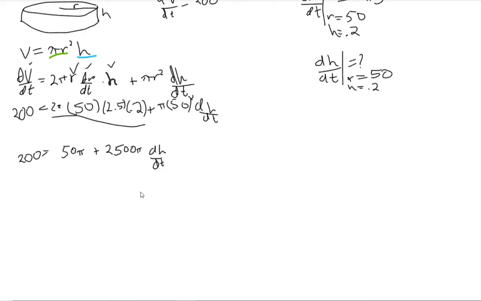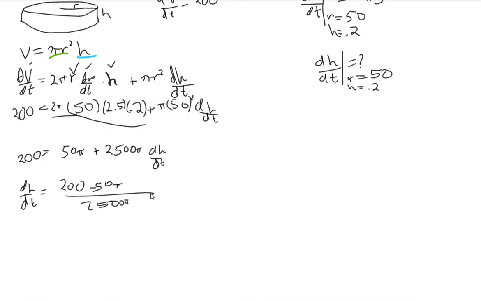Then we're going to go ahead and move some stuff around so we can isolate dh/dt. So you would subtract 50 pi and then divide by 2500 pi. So what we're going to get is dh/dt equals 200 minus 50 pi, all over 2500 pi.